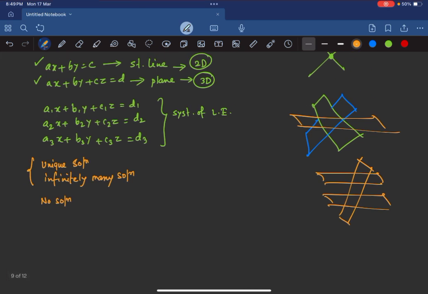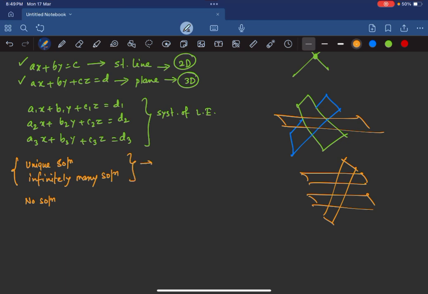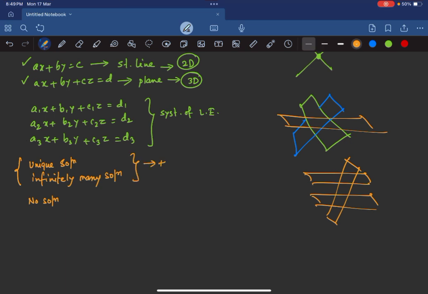These first two cases are called consistency, which means the system is consistent. Here, the system is said to be inconsistent.